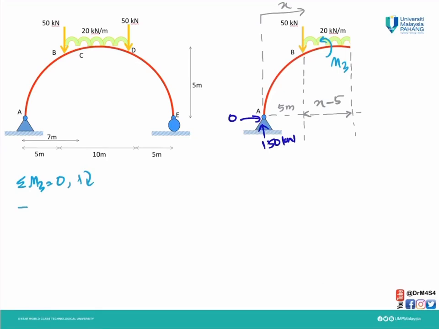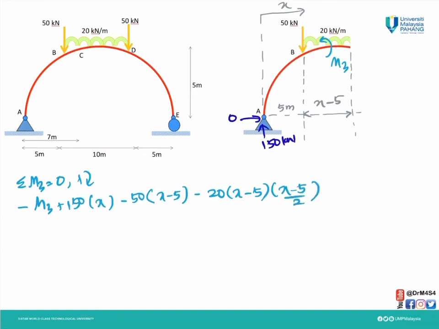Because M3 we take as anti-clockwise, so negative M3 plus 150 times X value minus 50 kilonewton times X minus 5 minus UDL 20 kilonewton times X minus 5 times X minus 5 divided by 2 equal to 0. Solve this and then we can get M3.